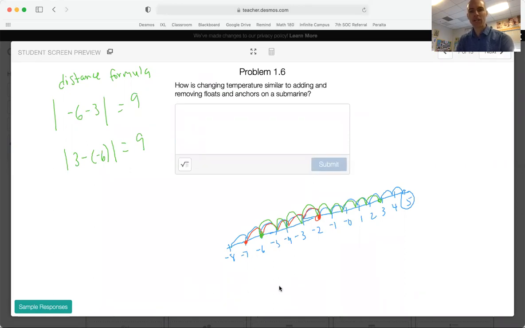Okay, so how is changing temperature similar to adding and removing floats on a submarine?